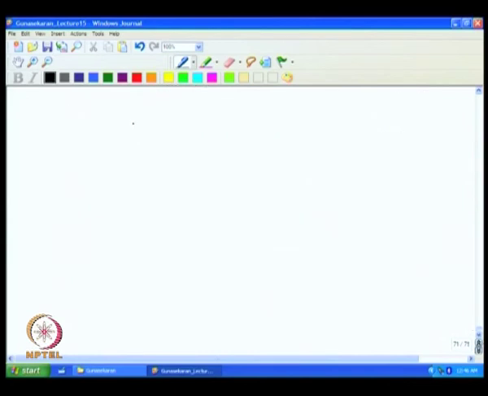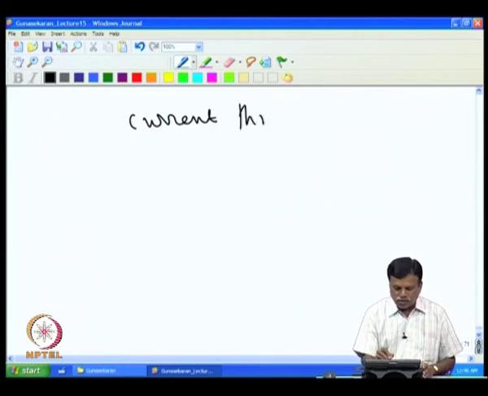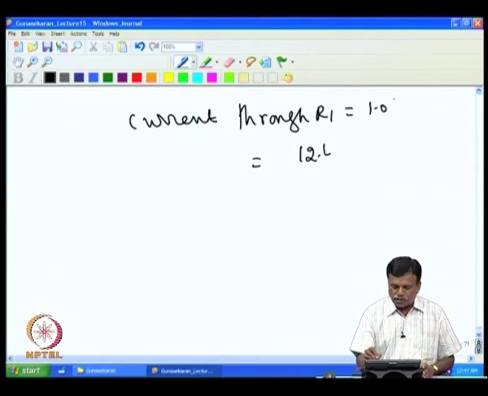So, current through R1 comes out to be 12.4, that's 1.06 milliamps.